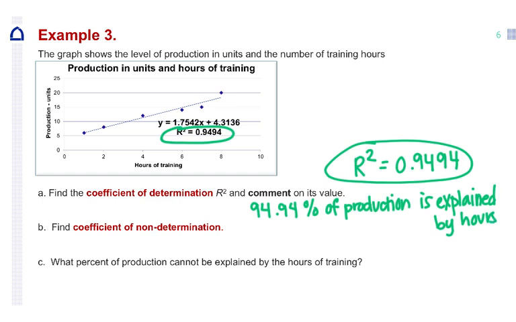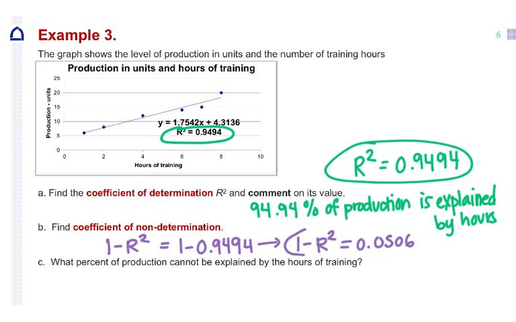So then the coefficient of non-determination, 1 minus r squared, is just 1 minus 0.9494. So we get that the coefficient of non-determination, 1 minus r squared, is 0.0506. It did not ask us to comment, but I bet the next question is that.